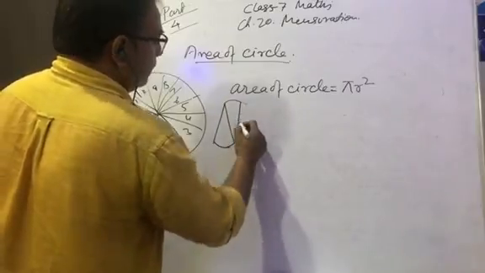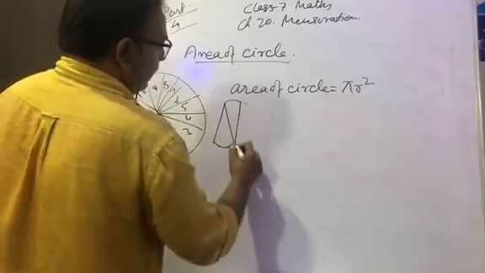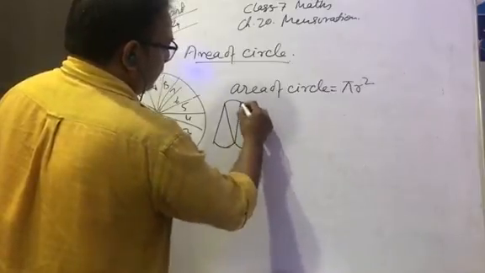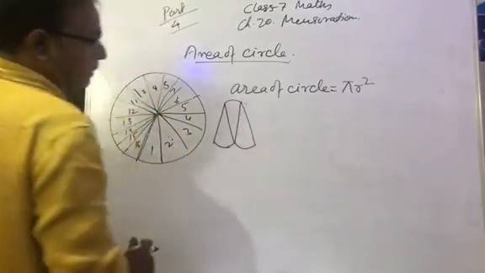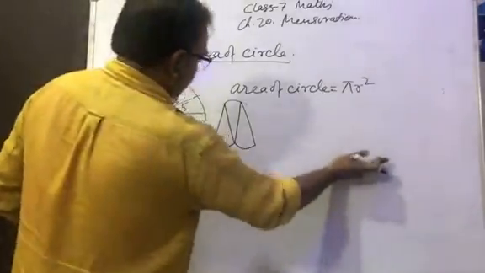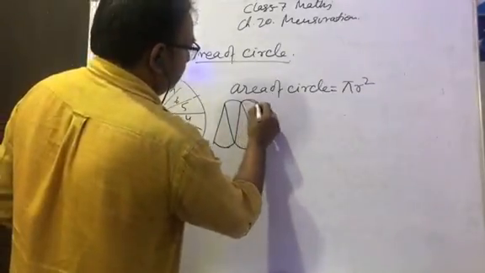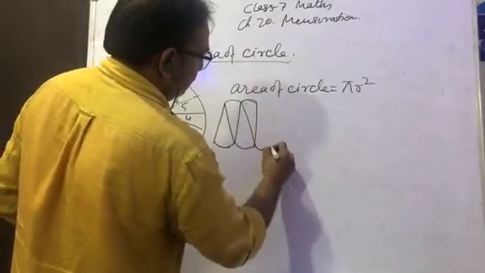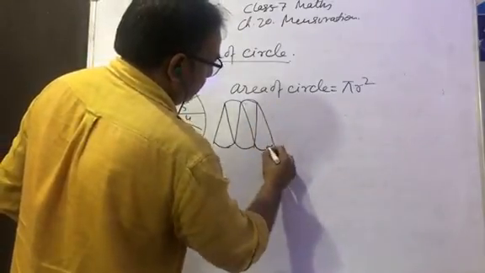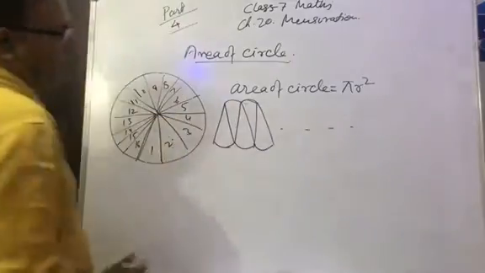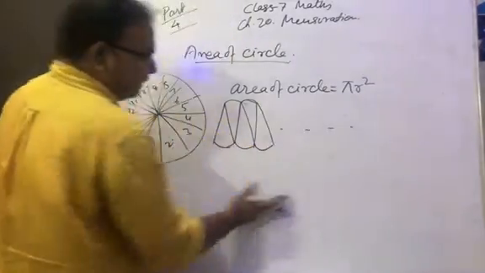If you cut the third, then it will be like this. So if you place all the cuttings, then it will be like dot dot dot dot in a straight line, like this.